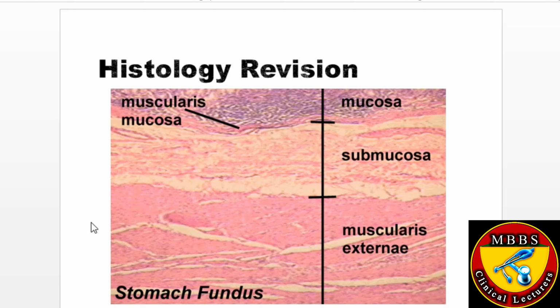Below the submucosa is a muscular layer, which is the muscularis externa, and last but not the least is a serosal layer, which is below the muscularis externa, and the serosa forms the outer boundary of that tract or any of the tract in the body.